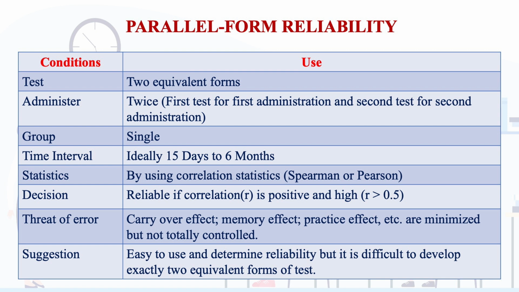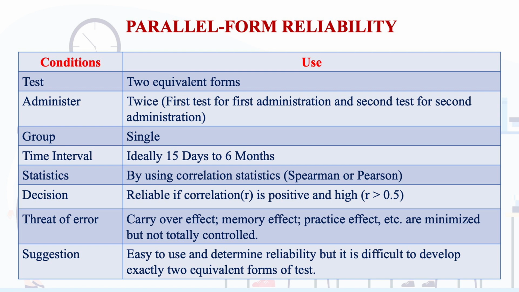So upon a group of students, you have to administer the first test, then after a gap of 15 days to 6 months, you have to use the second form, the equivalent form of the test that you have prepared. So ultimately here you will find two sets of scores. Then by using either Spearman or Pearson's method, you have to find out the correlation between the two sets of scores.